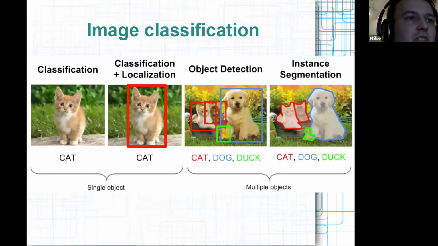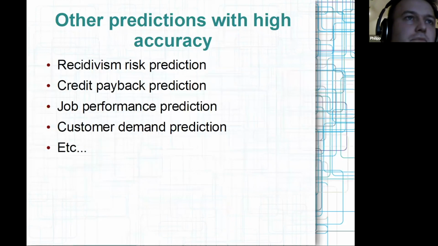So this is image classification. The algorithm or the system can sort of say this is a cat, and then on the right hand side we can see multi-object classification. We've seen that with Joseph today. This is nowadays also possible, and we've seen impressive results there.